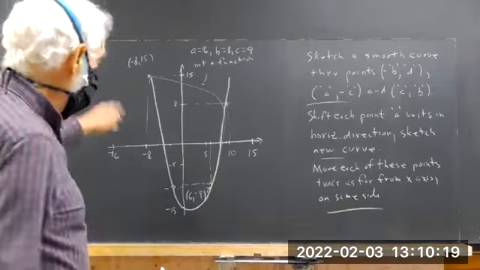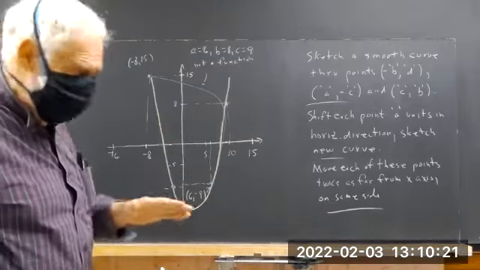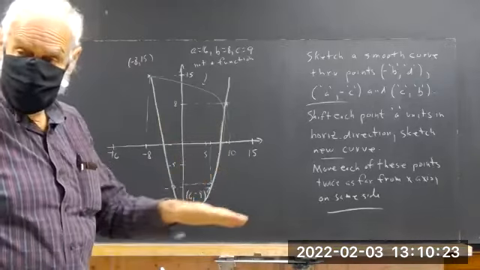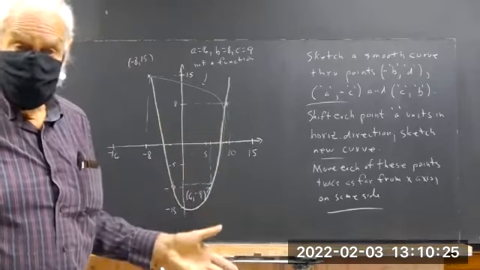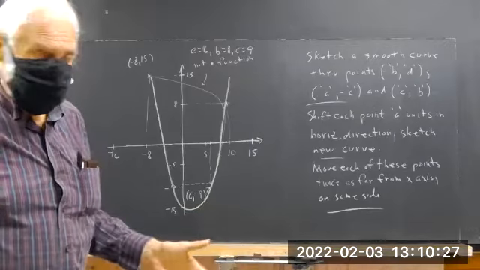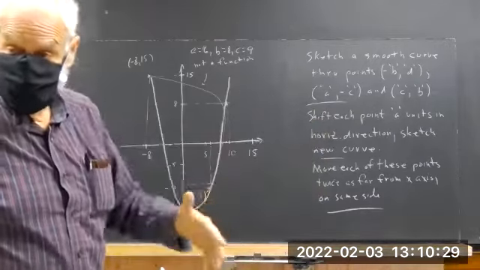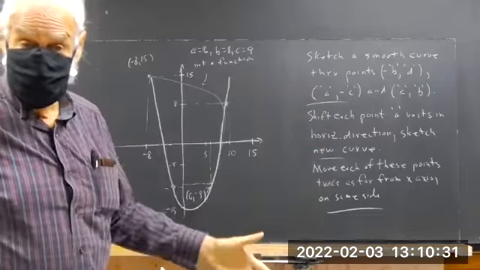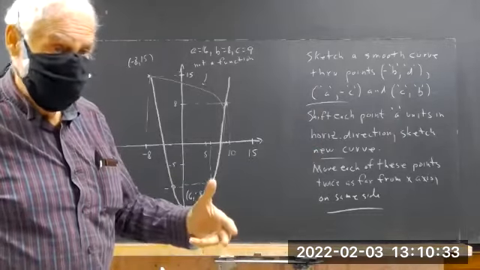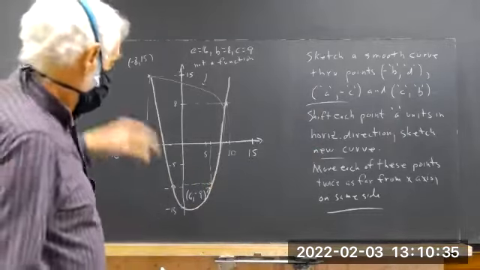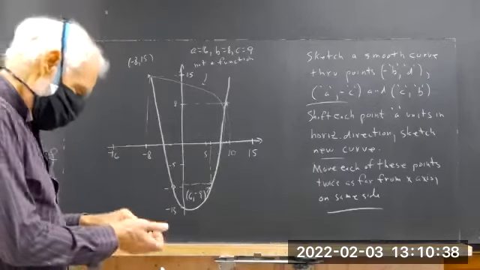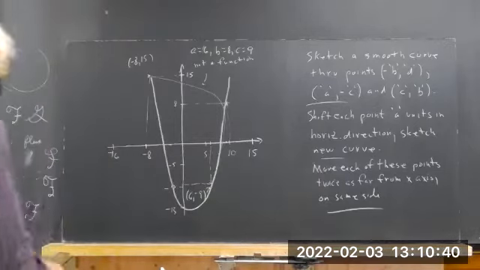But this is a nice smooth curve. And if it has a sudden change in direction, that's not a smooth curve. That's not smooth. If it has a quick change in direction, not sudden, it's okay. But by a smooth curve, I mean something like this. Okay, this is smooth.